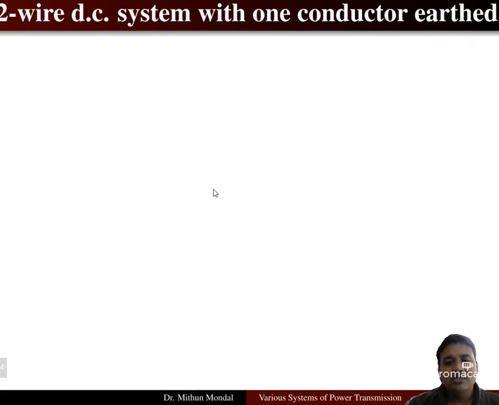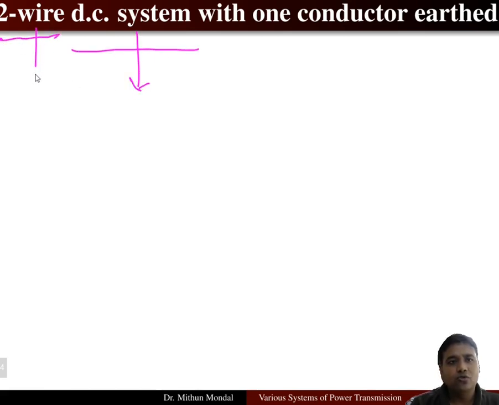So we have seen that in an overhead system or the underground system, there can be different ways by which the power can be transmitted. So here we have first taken a DC system. What type of DC system?